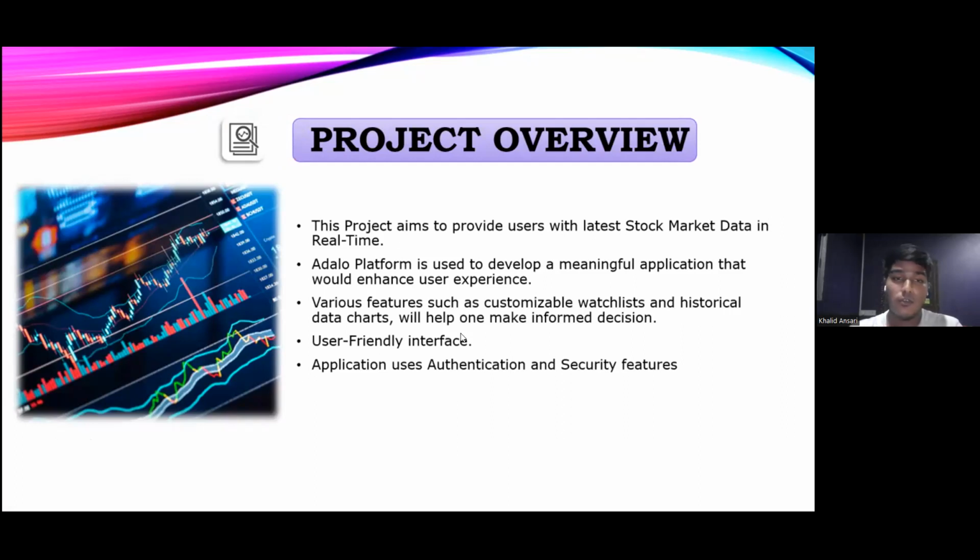The project aims to provide users with latest stock market data in real time. And Adalo platform is used to develop the meaningful application that will enhance user experience. Various features like customizable watch list, historical data charts will help make one informed decision. It also has user-friendly interface and also uses authentication and has security features. So these are the basic features of the website.